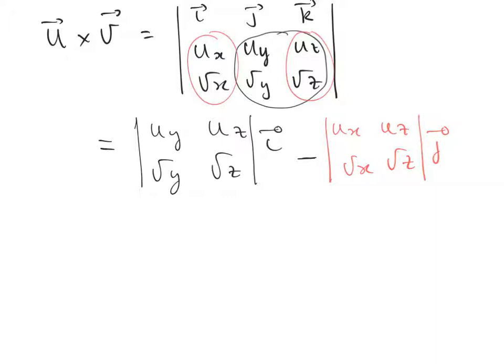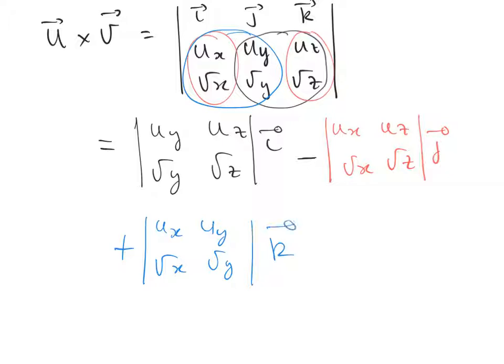The third determinant is made up of the terms, plus ux, uy, vx, vy, and the unit vector k.